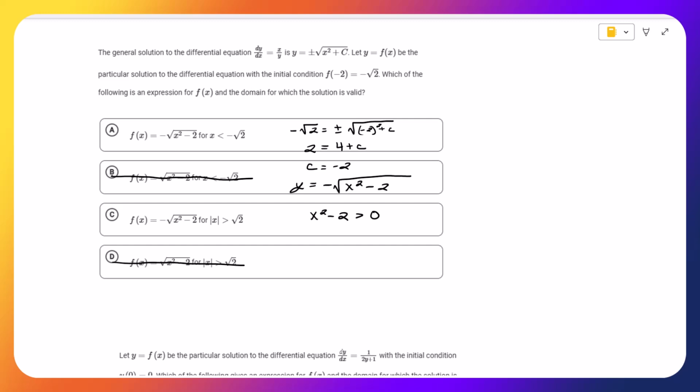So this separation of variables that we did to get this general solution only works where our derivative is defined. So we can't have y being 0, so we need to be strictly greater than 0. Okay, and then we keep going. x squared is greater than 2. x is greater than plus or minus the square root of 2.